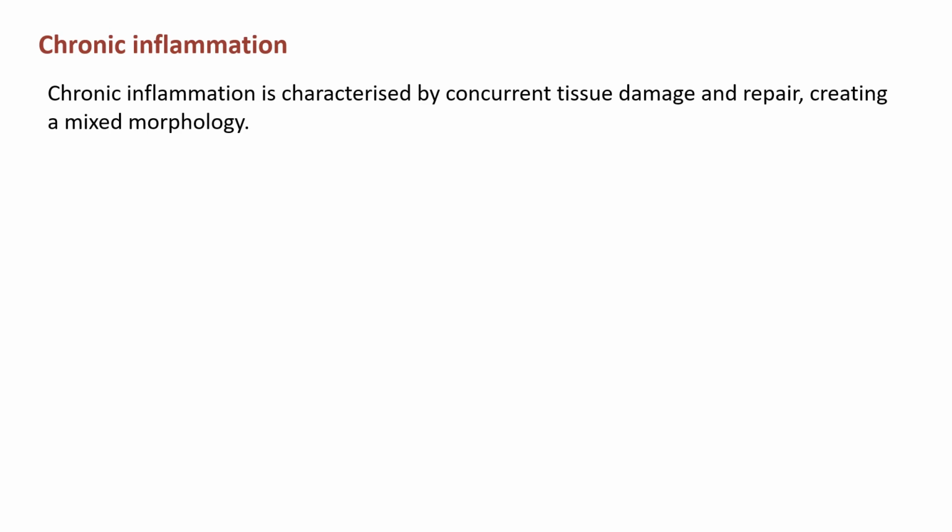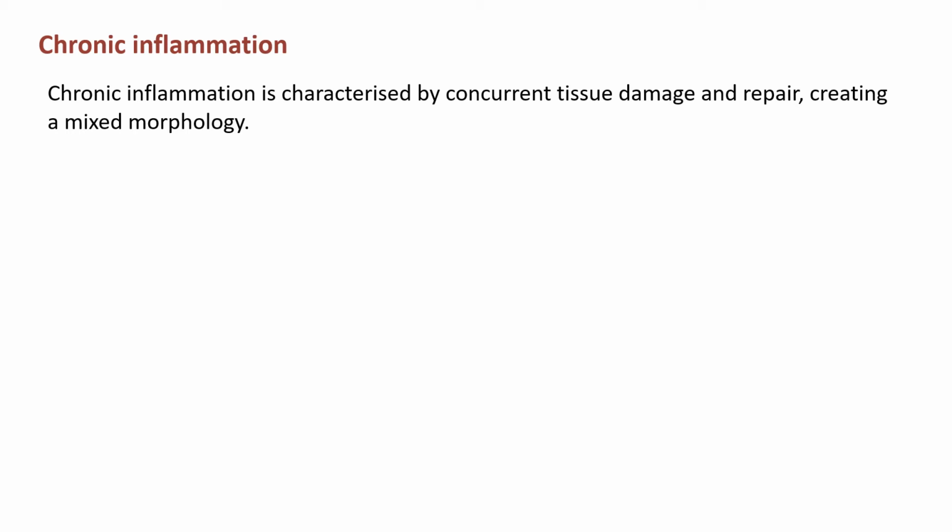So chronic inflammation is characterized by this concurrent tissue damage and repair. So you get a mixed morphology. So you might have tissue repair going on alongside ongoing damage. That damage then goes into repair and you've got another area of damage.